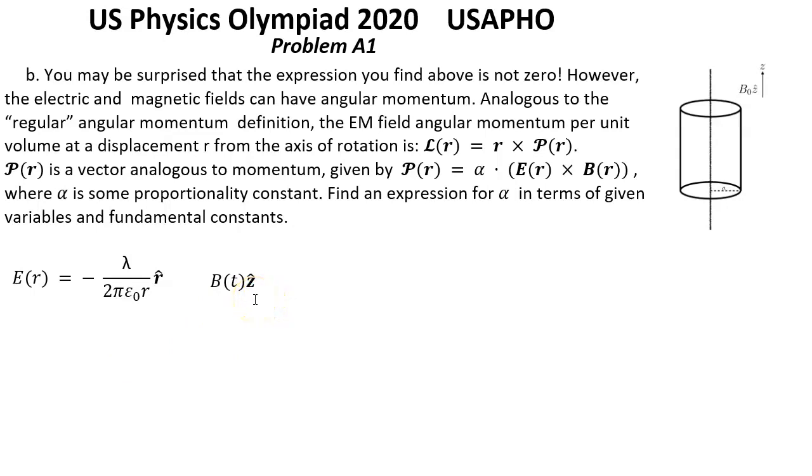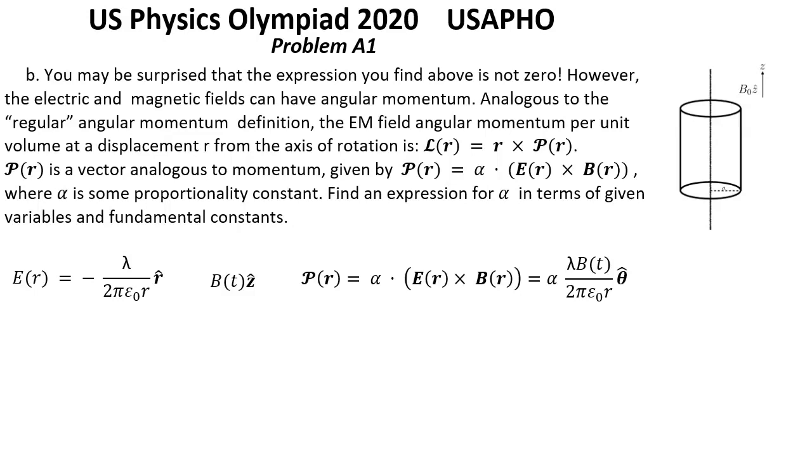Now let's compute the vector p. That is this cross product, or alpha multiplied by lambda B over 2 pi epsilon 0 r multiplied by the unit vector perpendicular to r and z, which is theta.